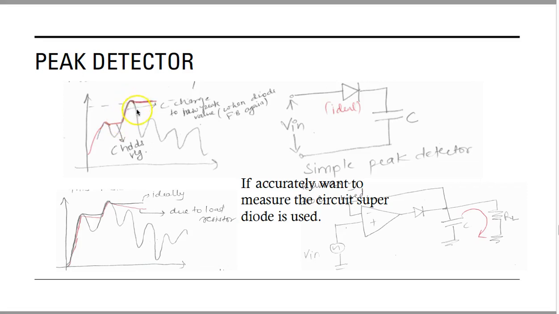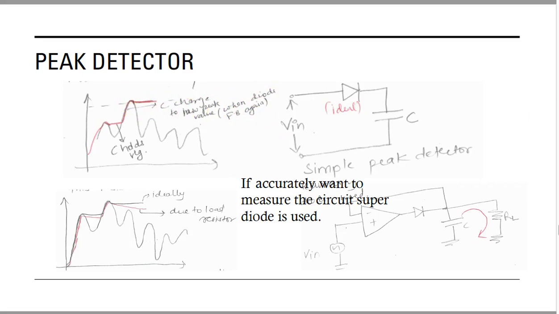Now here the new input value is obtained, so you have this new peak, the capacitor charges to this value, and then it will hold this new peak value. That's why you see that it is not dropping, because whatever voltage you're getting below this is lower than the peak value. So this says the capacitor charges to the new peak value when the diode is forward biased again. The same thing which I've explained.